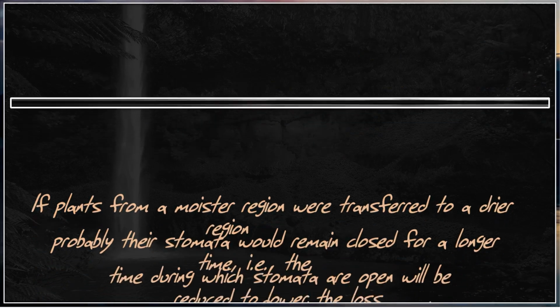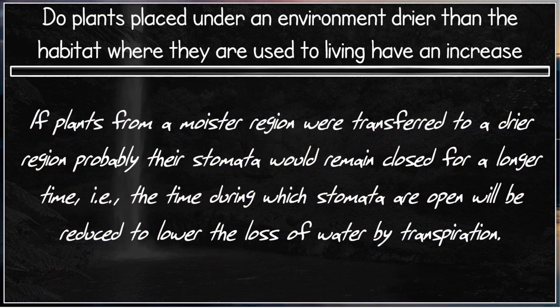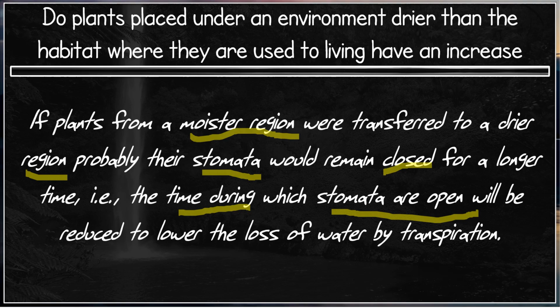If plants from a moister region were transferred to a drier region, probably their stomata would remain closed for a long time. That is, the time during which stomata are open will be reduced to lower the loss of water by transpiration.